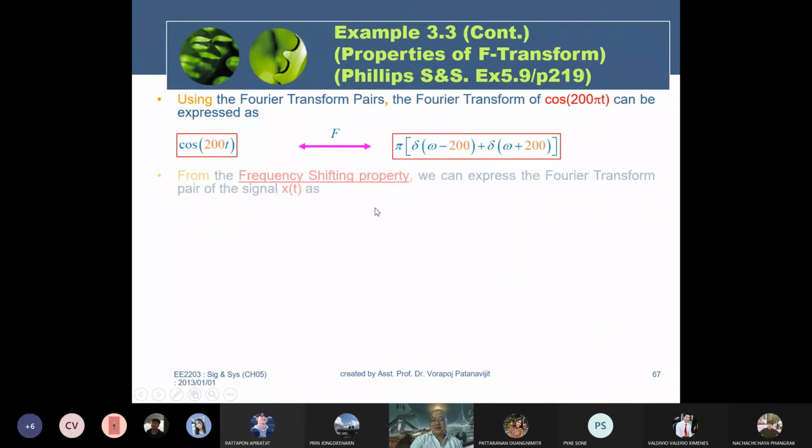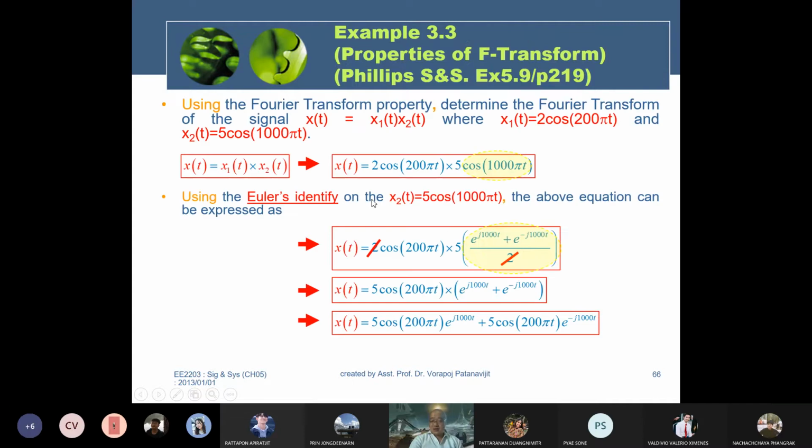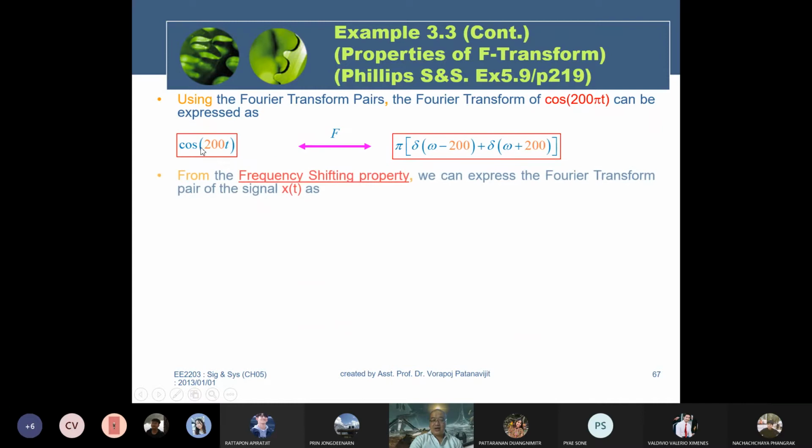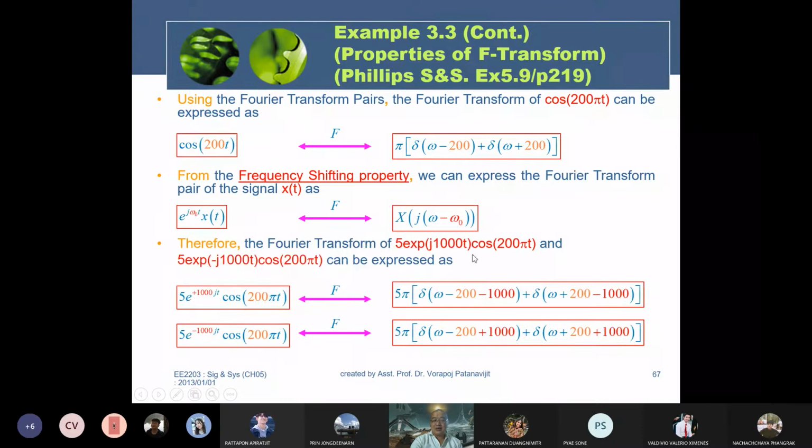In this case, you can see the shifting in the graph. The Fourier transform of the cos gives you the delta function, two delta functions at that frequency, and the frequency of the cos is 200, but omega naught equals 1000 in this case.